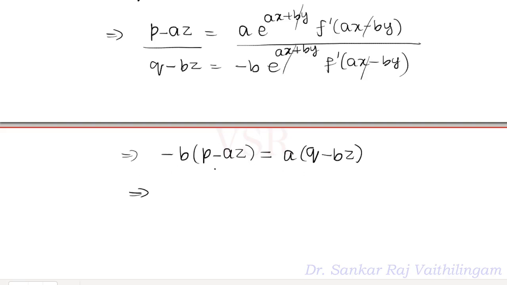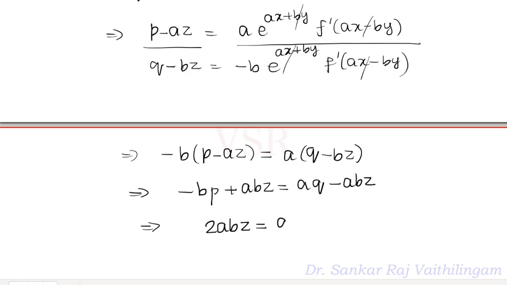So we'll have this is minus bp plus abz which is equal to aq minus abz, correct தானே, fine. இந்த மைனஸ் அங்க போயிடுச்சு. அப்போ what will have this implies that இது அங்க கொண்டு போயிடும், இது அங்க கொண்டு வந்துரும். அப்போ 2 times abz which is equal to aq plus bp. So this is my answer.